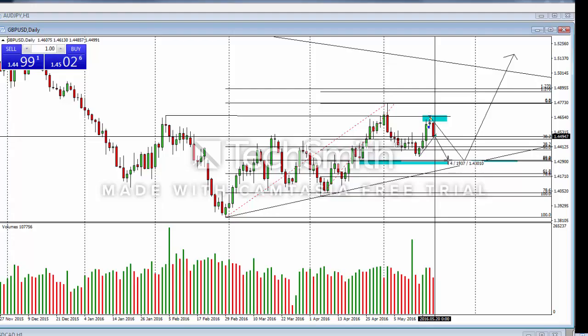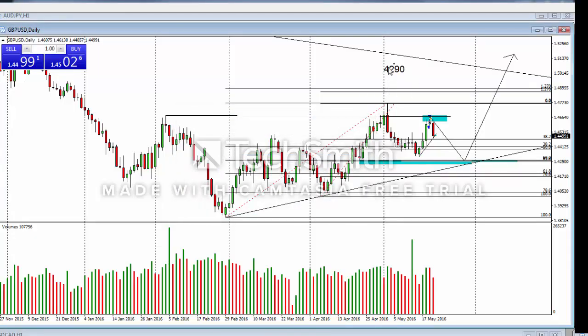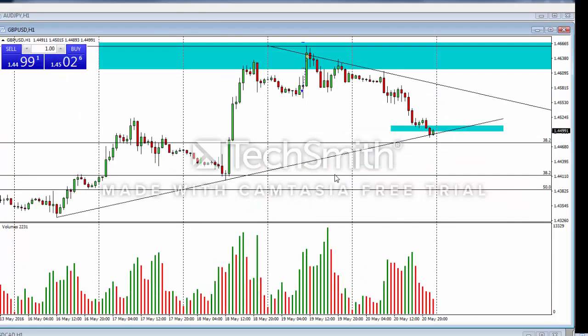So it's about 193 pips away, and the level is 4290. So that's what we're looking at in the pound.